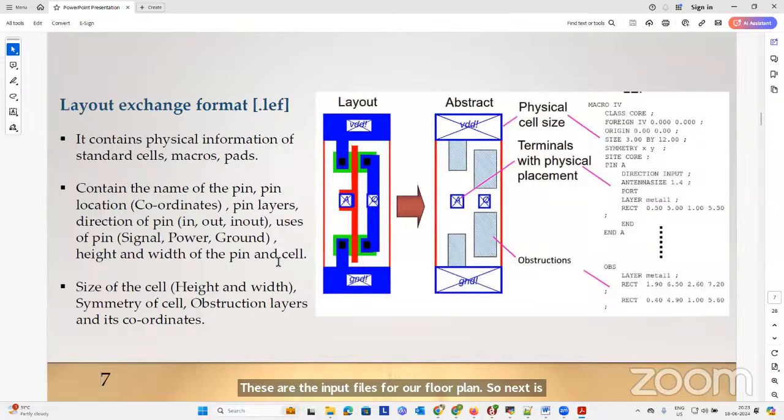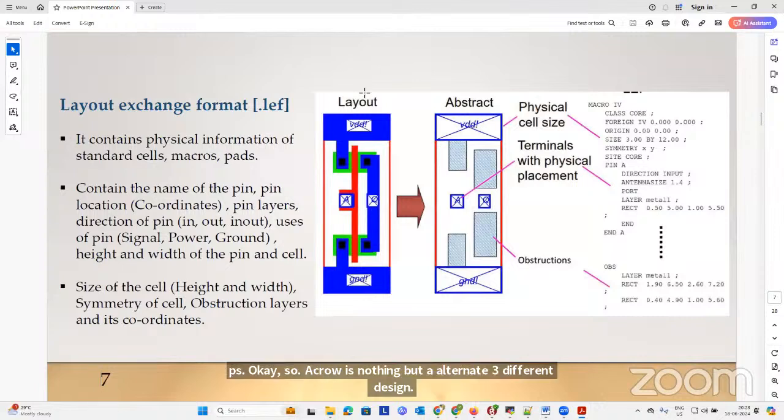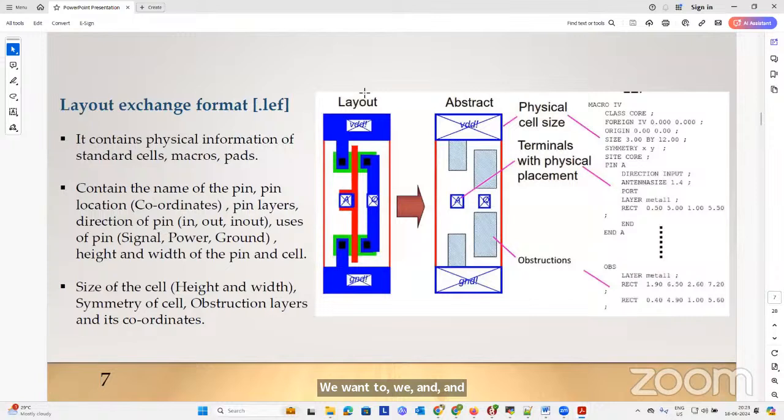The library exchange format contains the physical information of standard cells, macros, and pads. A macro is nothing but an already predefined design that we want to instantiate in our floor plan, so for that purpose we use macros. Or there may be standard cells like NAND gate, NOR gate, XOR gate. And next are IO pads. All this information will be available in the LEF file.